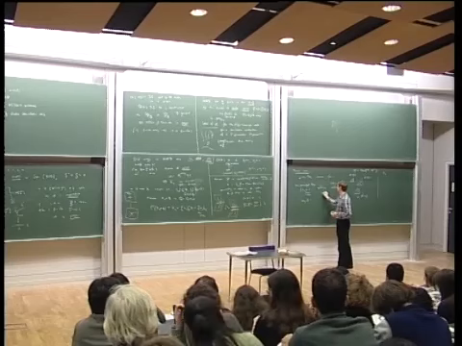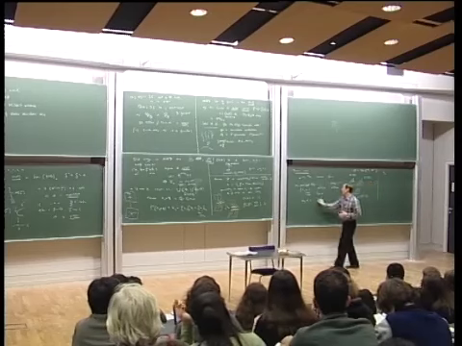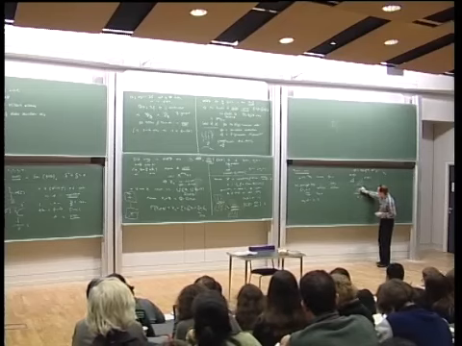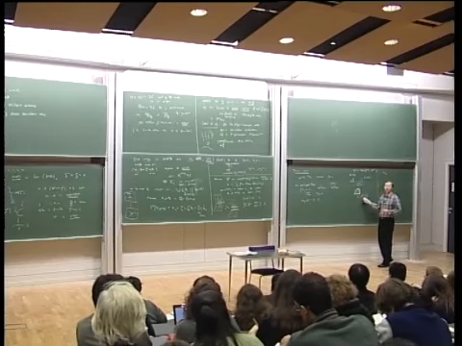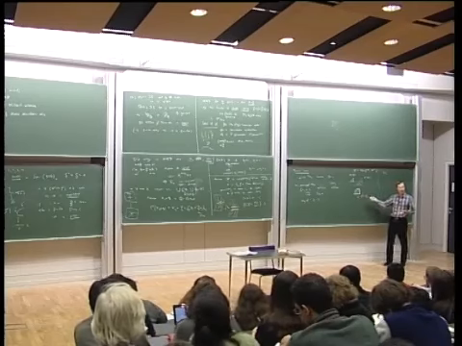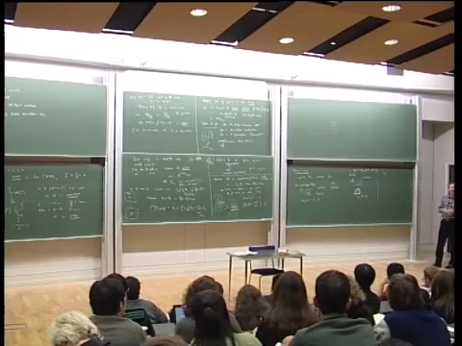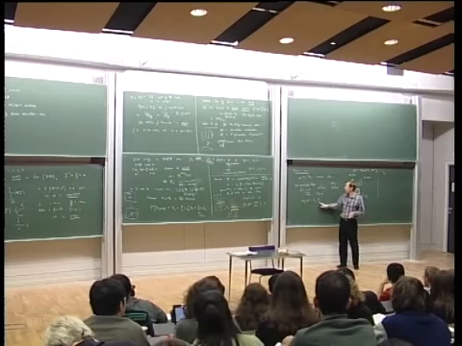There is a torus acting on it, and the boundary is the complement. This boundary corresponds to the boundary of this polytope. So for this variety, the boundary consists of 4 irreducible divisors.